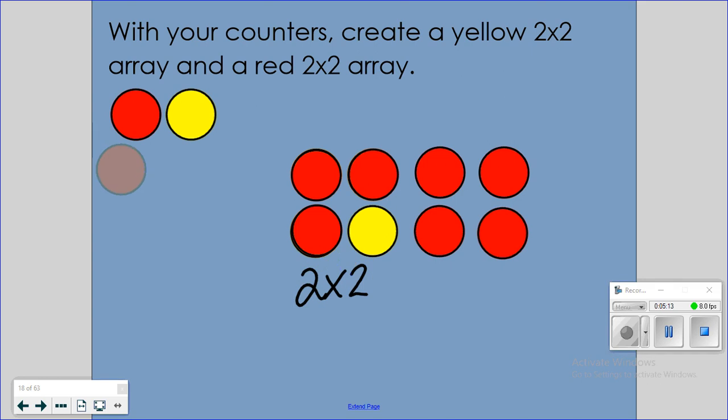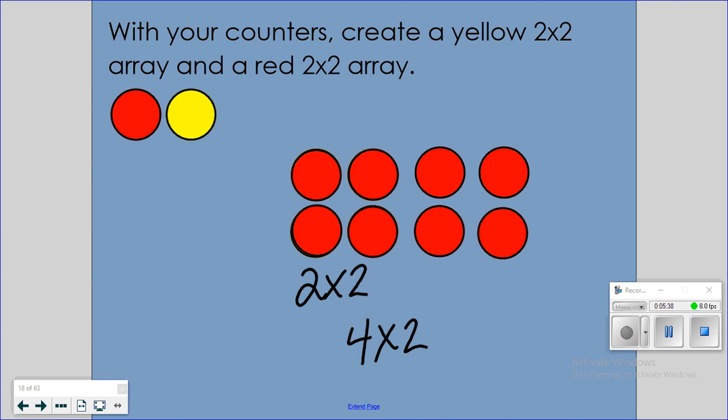What I'm doing is I'm turning all of them one color. What equation do I have now? What equation do I have now, Lincoln? Keep going. Love it. Now I have 4 groups of 2.